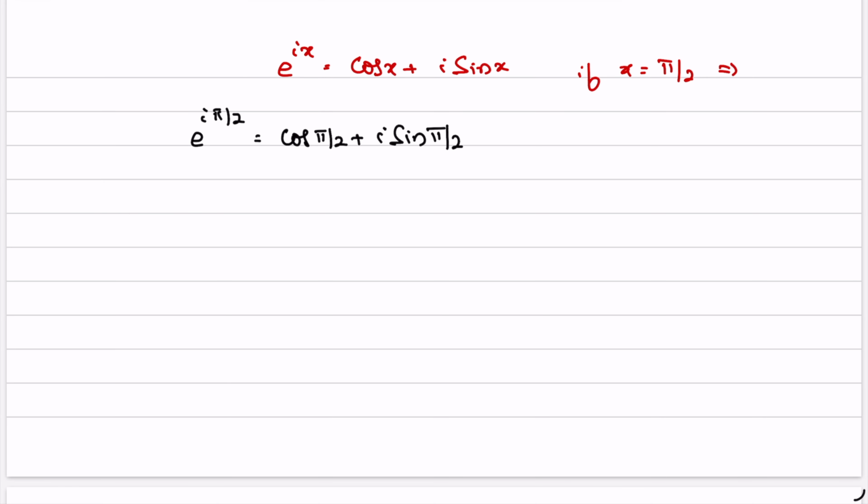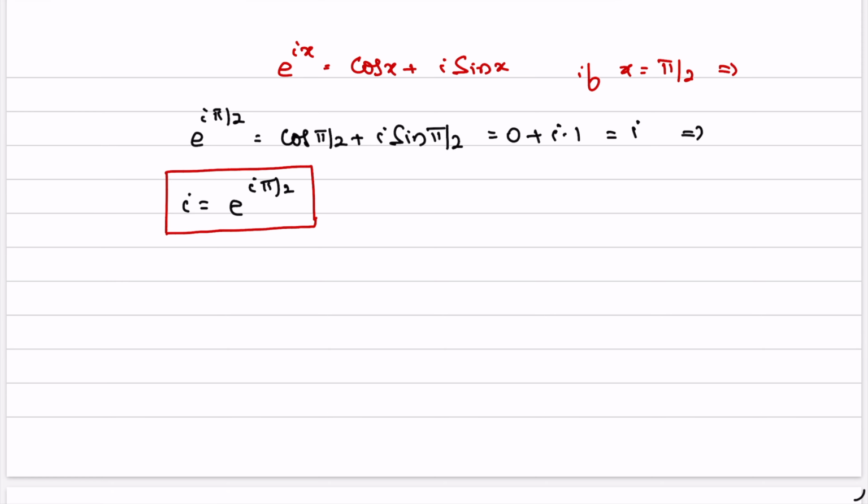What is the value of cos pi by 2? That is equal to 0. What is the value of sin pi by 2? That is equal to 1. 0 plus i into 1, that is equal to i. That means i is equal to e to the power of i pi by 2. Do you agree? This is a very important identity which you have to understand well.